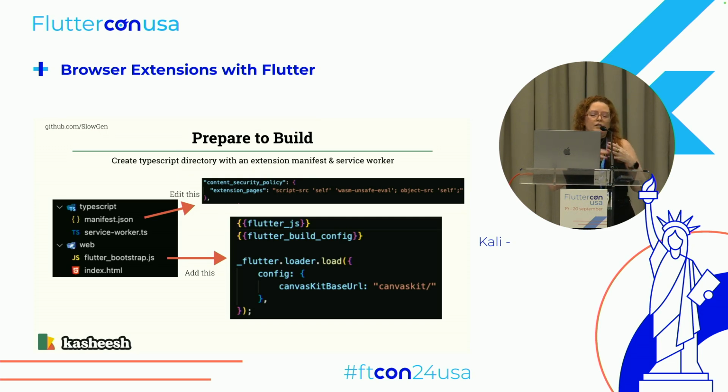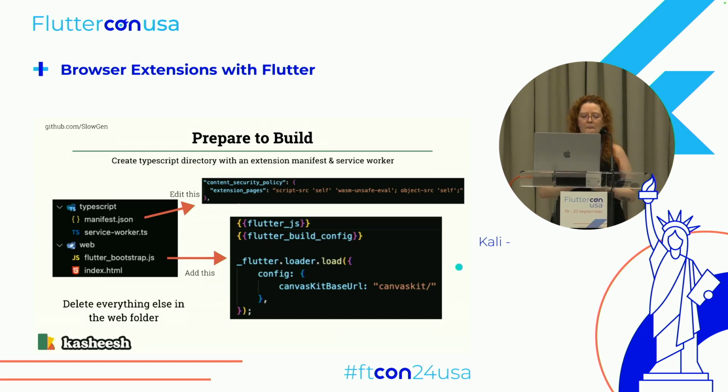Typically, during the bootstrap process, it actually uses it as a CDN and gets the CanvasKit. This way ensures that the local one is always used, because remote code is not allowed for extensions, no CDNs. This also goes for Firebase, by the way. Just as a side note, you will have to build something separate for Firebase. Everything else in the web folder, you don't need.